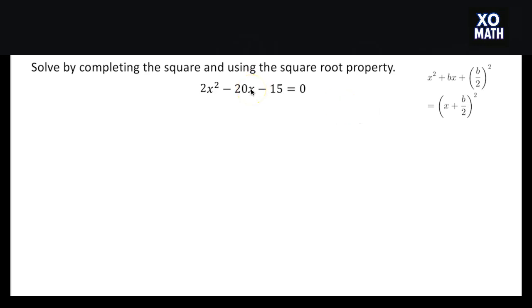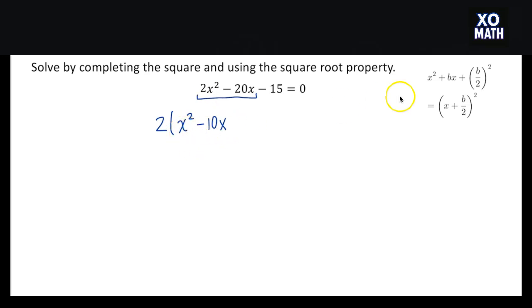So here's what I'm going to start by doing. I'm going to focus on these first two terms, 2x squared minus 20x, and factor a 2 out of both of them so that I get a leading coefficient of 1. If I factor out a 2, I'm left with 1x squared minus 10x.